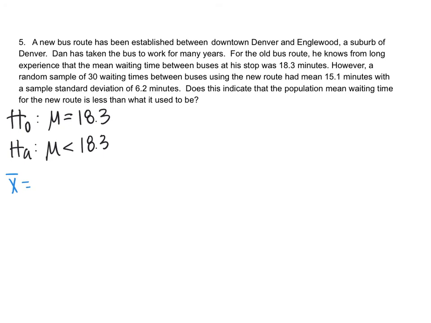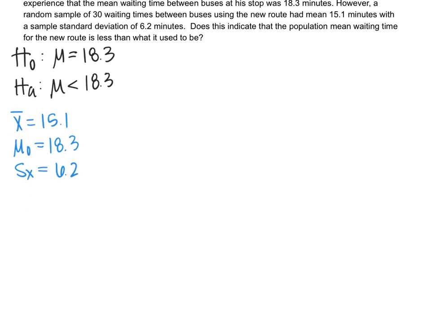So our sample mean is 15.1, mu naught is 18.3, sample standard deviation is 6.2, n is 30, and alpha is 0.05.